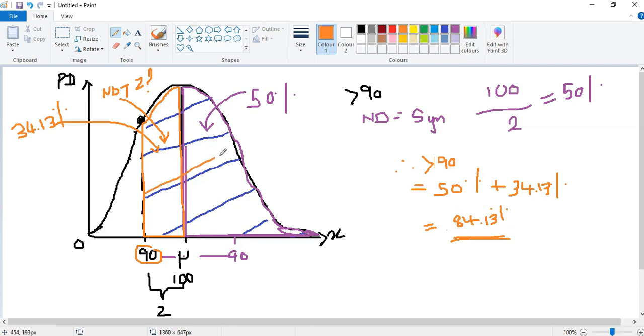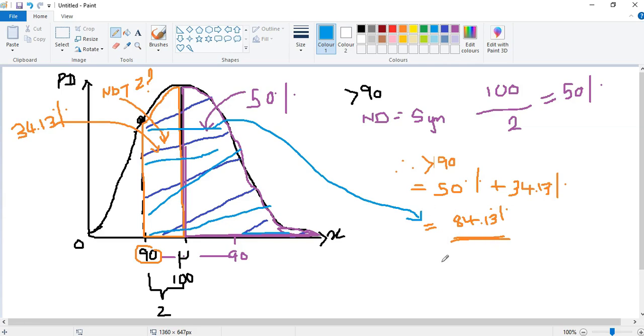So the entire thing, sorry, I marked the wrong color. The entire thing, the light blue one, is equal to 84.13%, which is 0.8413 in decimal terms. So out of 100% of data, the data above 90 represents 84.13% of the total population.